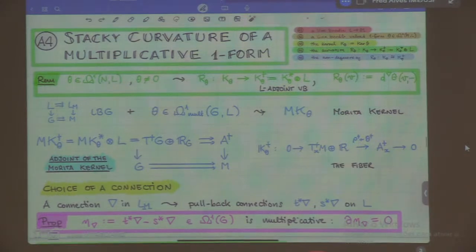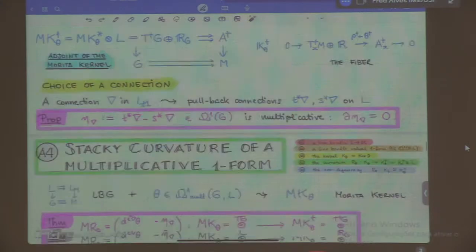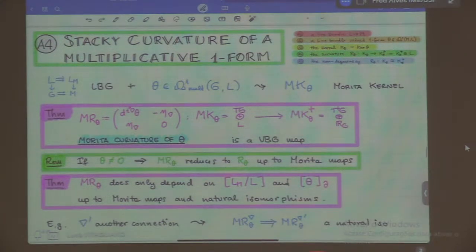Now, with all these ingredients, I'm ready to define a static version of the curvature as follows. Again, I begin with an LB groupoid, a multiplicative one-form theta, and I take the Morita kernel.